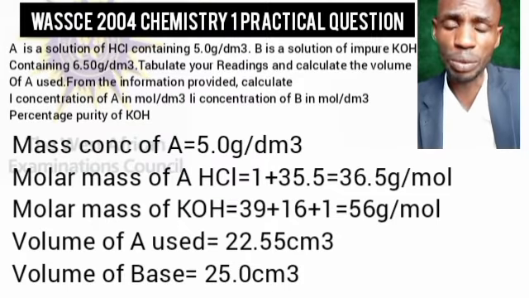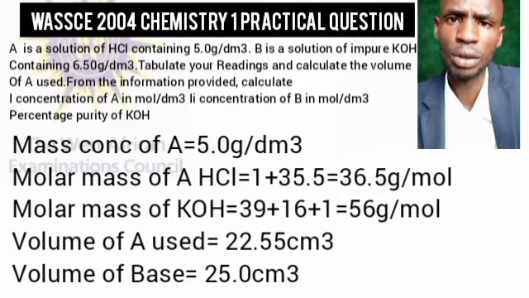You add the atomic masses of the elements together. The atomic mass of hydrogen is 1, plus the atomic mass of chlorine, which is 35.5. When you add the two together, you are going to have 36.5, and that is the molar mass. All right, what else are we given? We can also calculate the molar mass of potassium hydroxide.